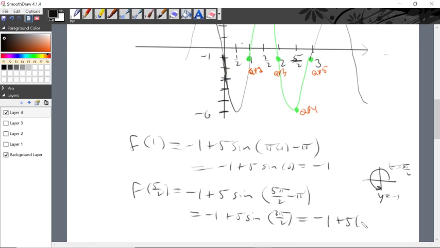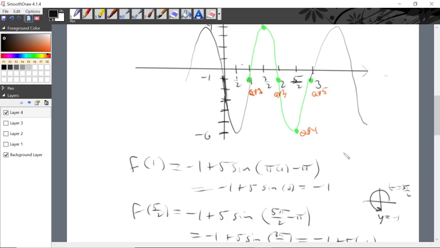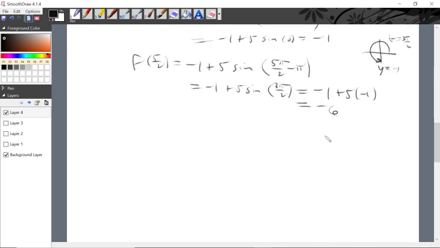Negative 1 plus 5 times negative 1 is negative 1 minus 5, which is equal to negative 6. So we expect a point on our wave at 5 halves, comma, negative 6, and that's exactly where we have quarter point 4 located. So it justifies the work that we did.